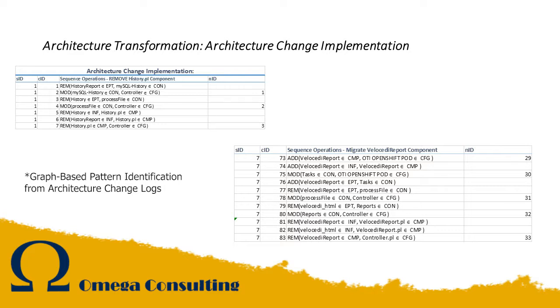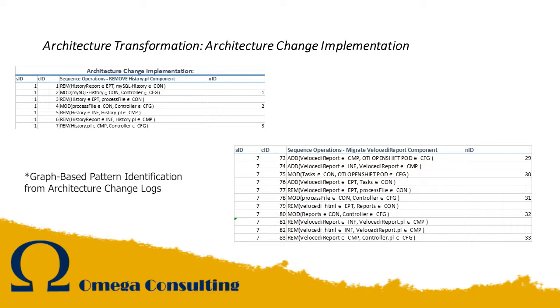So if you look at this, anyway, back to what we're doing here: these atomic change instructions and sequences. The first line would read, in sequence one, change instruction one, we're removing the history report endpoint from the MySQL-history connection.